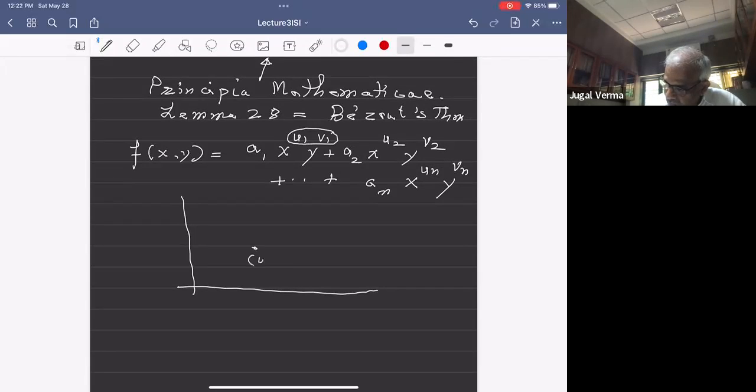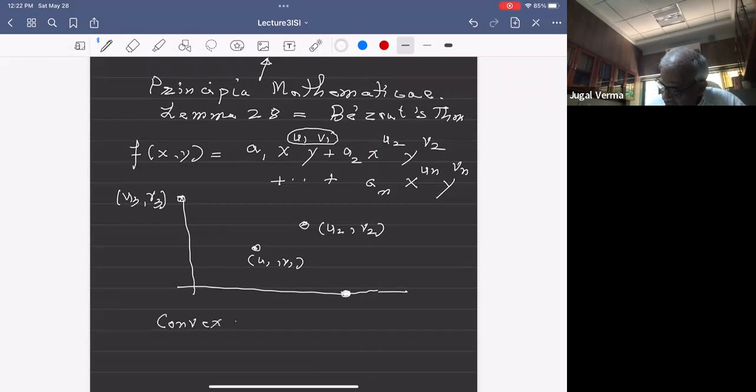So (u1, v1). Yeah. And then (u2, v2). Maybe (u3, v3) is here. They're all non-negative. So some of them could lie on the x-axis and y-axis, and some are here. Okay. Now, if you have these finitely many points, you find the smallest convex set.